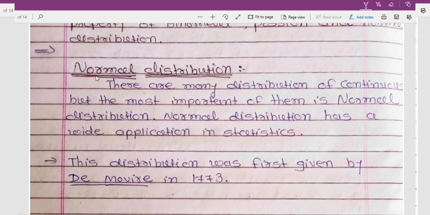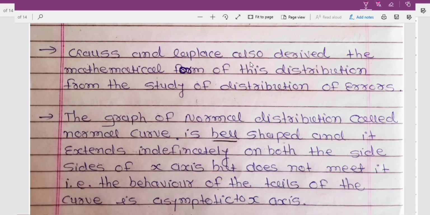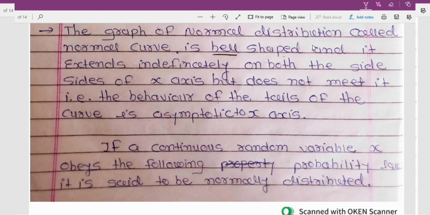Explain normal distribution and list out properties of binomial, Poisson and normal distribution. Normal distribution. There are many continuous distributions, but the most important of them is the normal distribution. Normal distribution has a wide application in statistics. This distribution was first given by de Moivre in 1773. Gauss and Laplace also derived the mathematics of this distribution from the study of the distribution of errors.